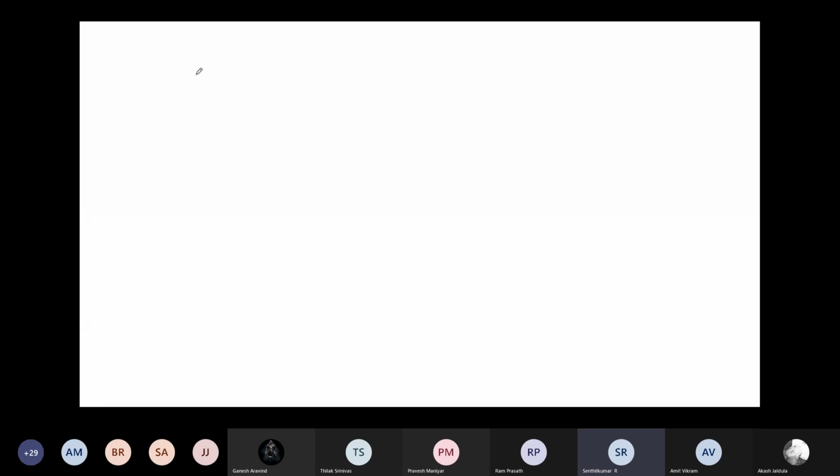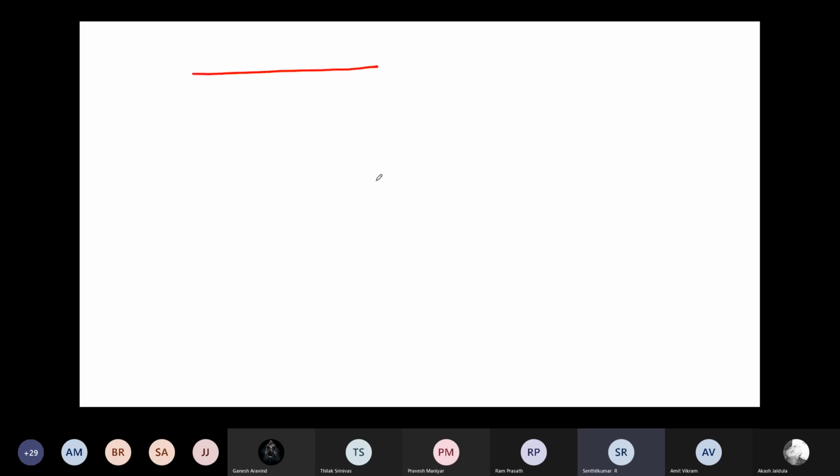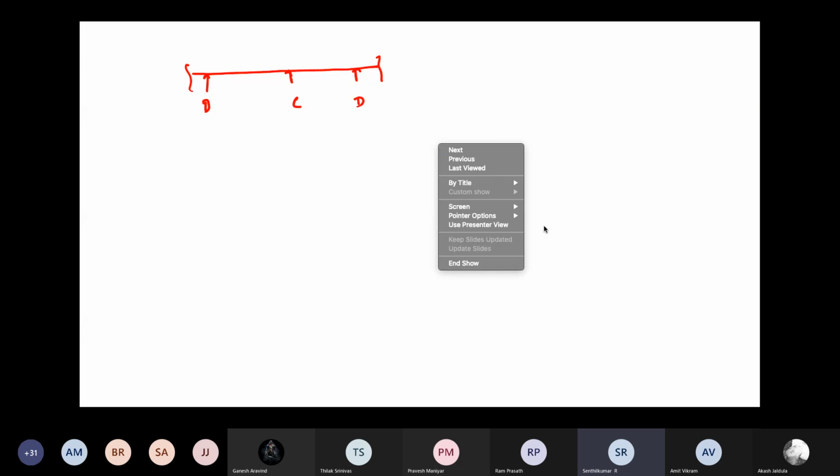Go for the derivation. We'll have the beam. So I'm just going to take that BCD. This is a continuous beam. I just take BCD alone now. Okay. So B and C and D. So somewhere the beam is not finishing. So MB will be there, MC will be there, MD will be there. That we know. So B, C, D, right?